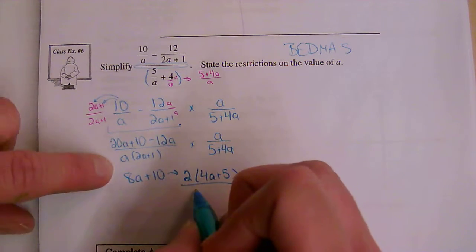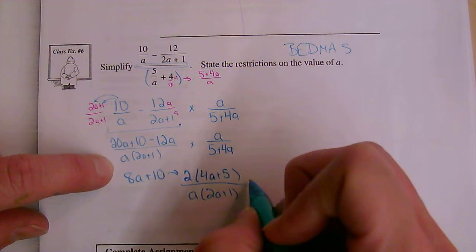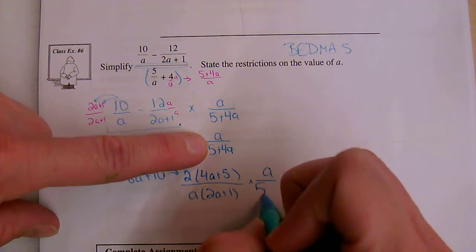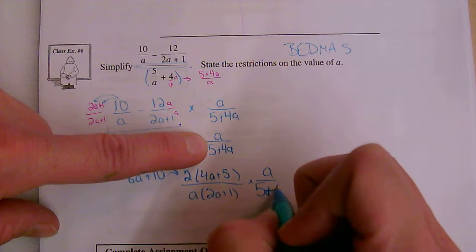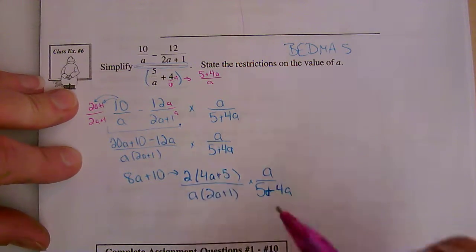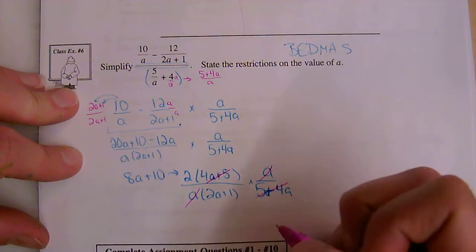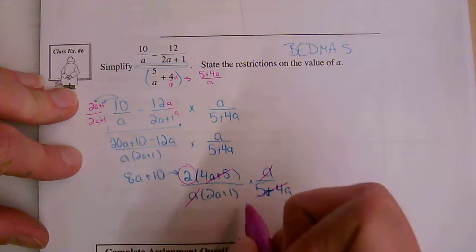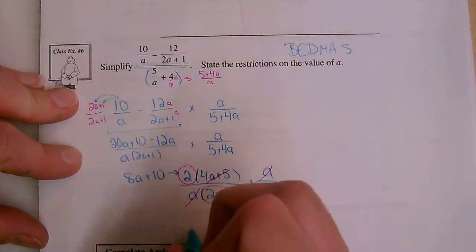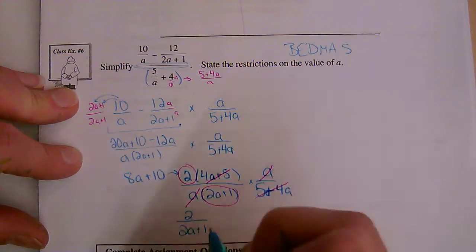And then this at the bottom, a(2a plus 1), and then I'm still multiplying by this, oopsies, plus 4a. Since I factored those out and I see they're equal, I can cancel those out. I see that an a and an a can cancel out. So I'm left with 2 over 2a plus 1.